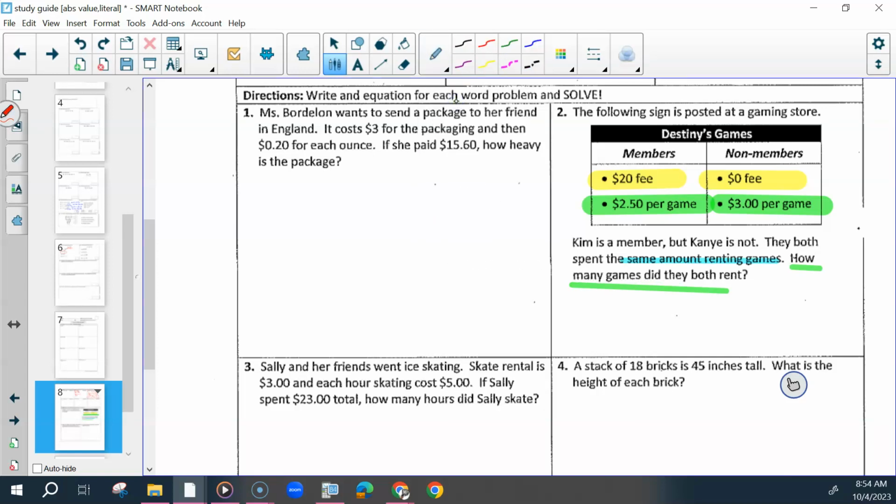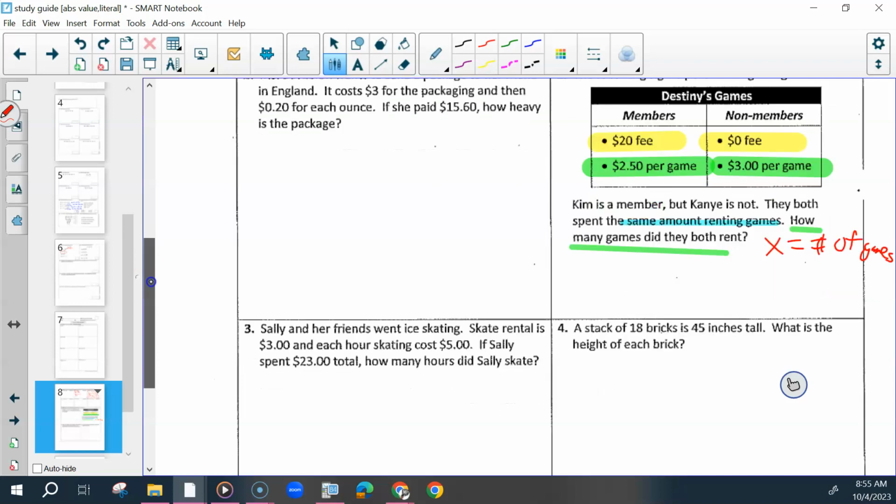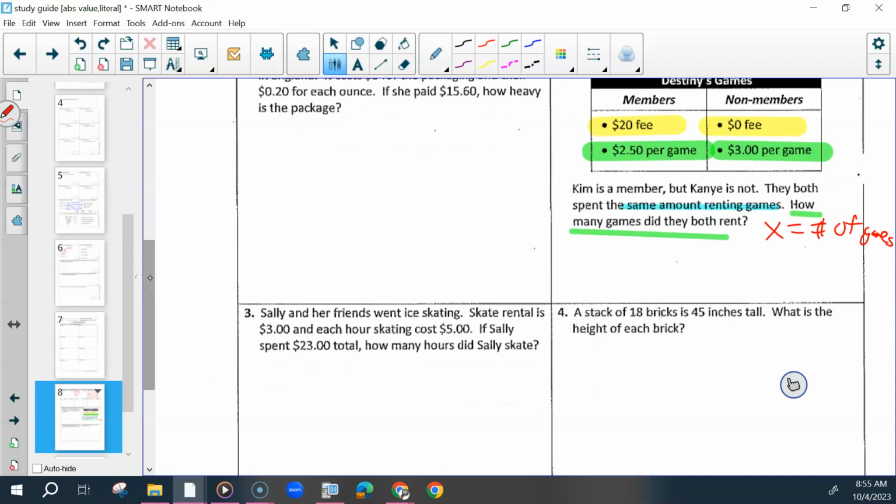Right. So first we need a variable. We need to define our variable. That's going to be our question, number of games. We can call it x. And then if we have our variable, we have these numbers, and we know they spent the same amount. What symbol is going to show me that they spent the same amount? Equals.